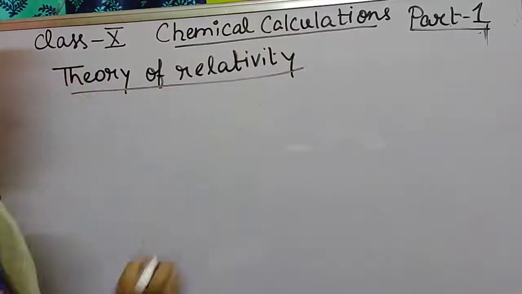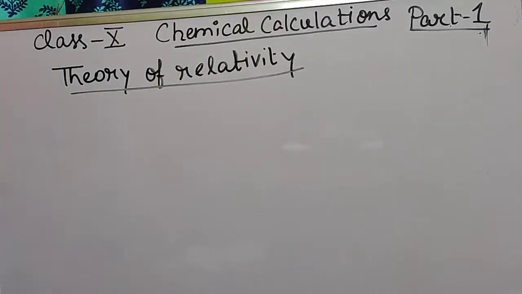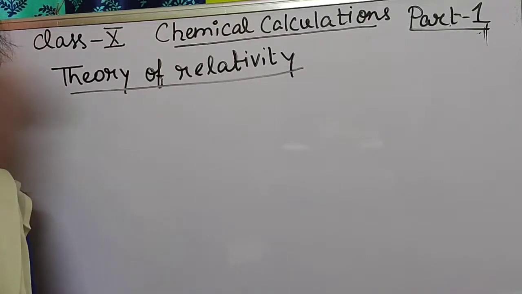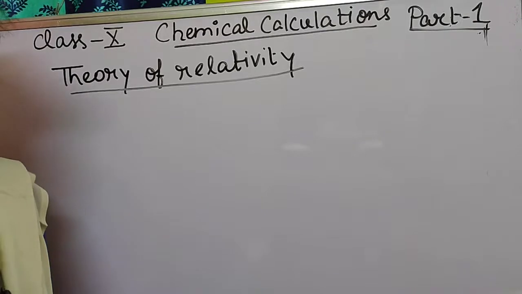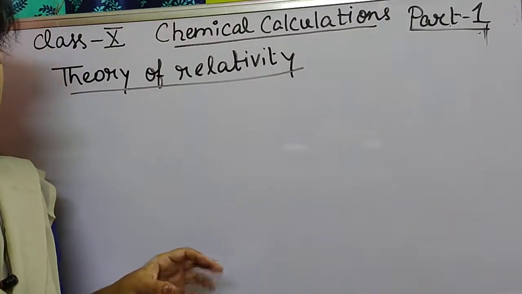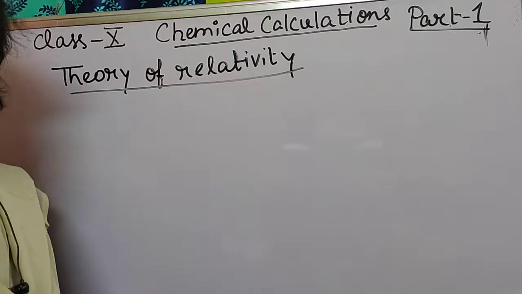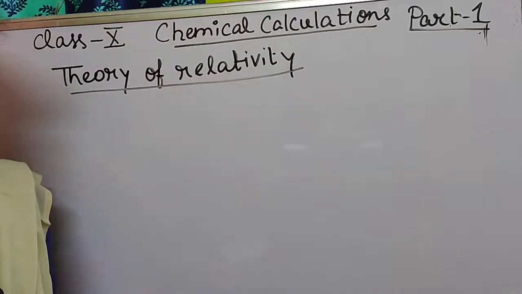According to Einstein, it is possible to lose a very little amount of mass during a chemical reaction, because we can't assure that all the mass of the reactants will convert into the mass of the products.